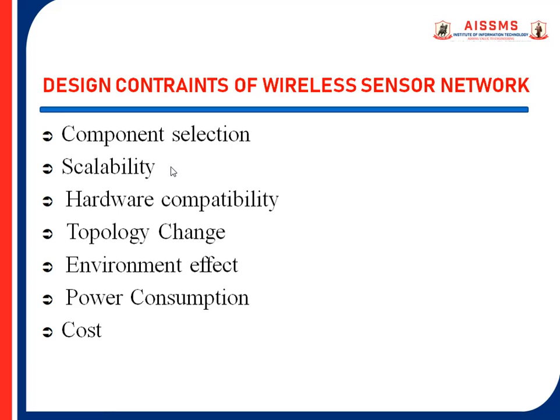The protocols deployed in sensor networks need to be scalable to high resolution levels and to be able to maintain adequate performance. Hardware compatibility: it should be configurable with all devices. Addition of hardware needs to be analyzed, balanced against cost and low power requirement.